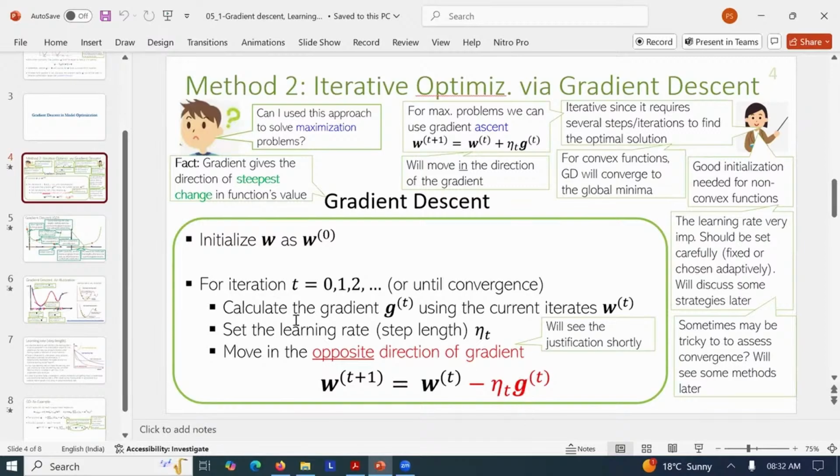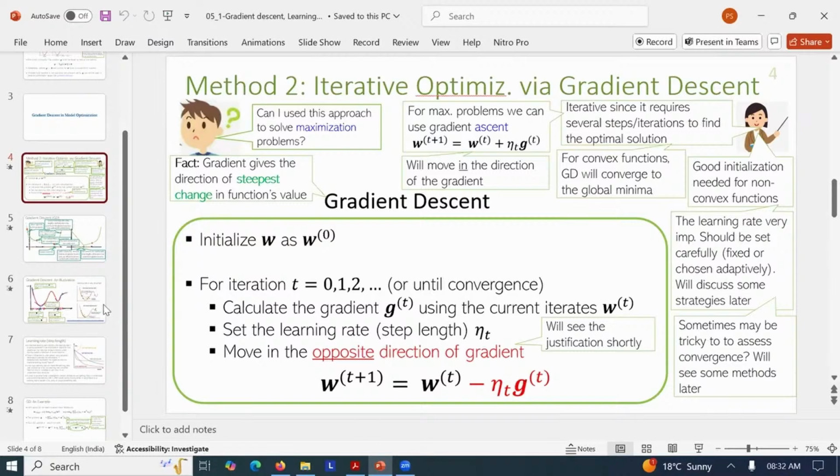But then the problem is the number of iterations will be huge, right? Because if you calculate GT by only using a single example, the GT now is not the accurate one. GT will be approximated, because there exists randomness in the calculation of GT, as we are only relying on a single training point to calculate GT, right? So in this case, GT will be the approximate one, and not accurate.